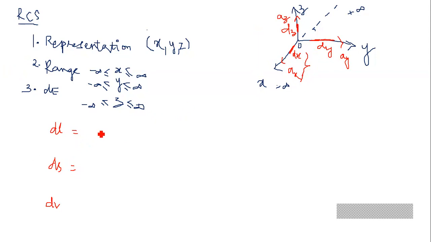That is, I can write it as dx ax, plus, with respect to y, dy ay. Similarly with respect to z it will be dz az.